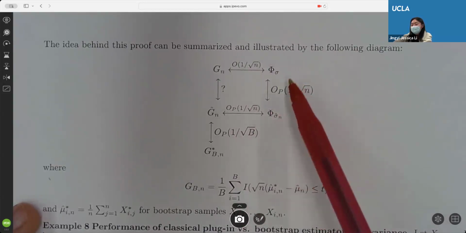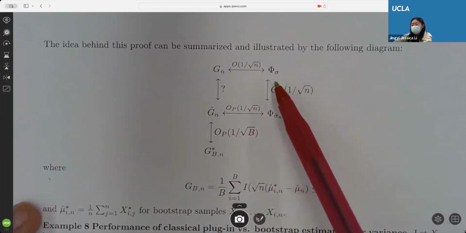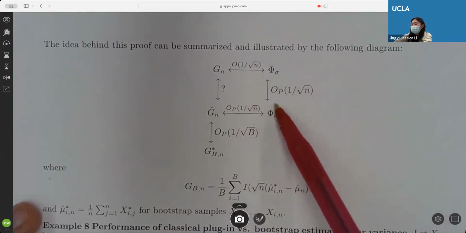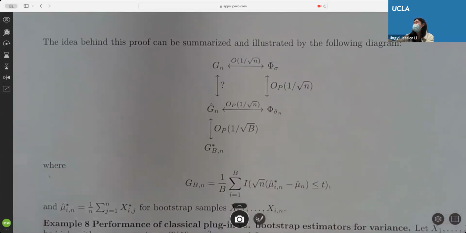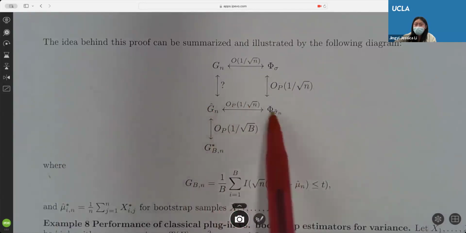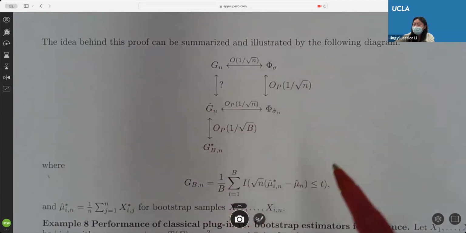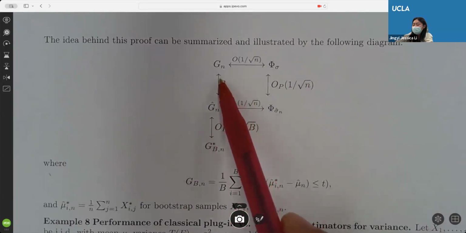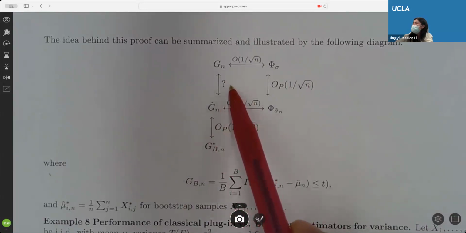This is because σ̂_n is an estimator of σ with error 1 over root n. And it's big O_P here because this is random. Whenever it's random, we need to use O_P instead of O. And then these two things both depend on the random standard error, and their difference is big O_P. Then the question we want to ask is this question mark: how far away are they from each other? Based on the proof, we say this is O_P of 1 over root n.